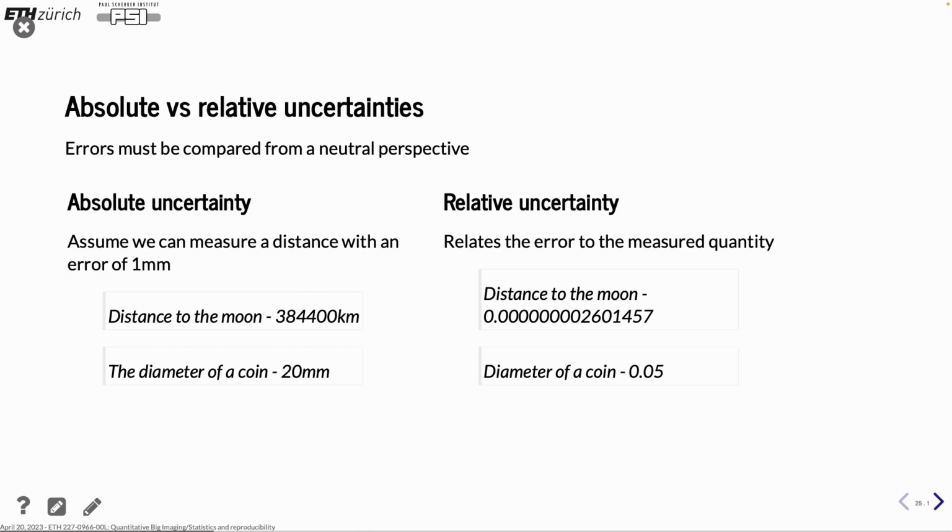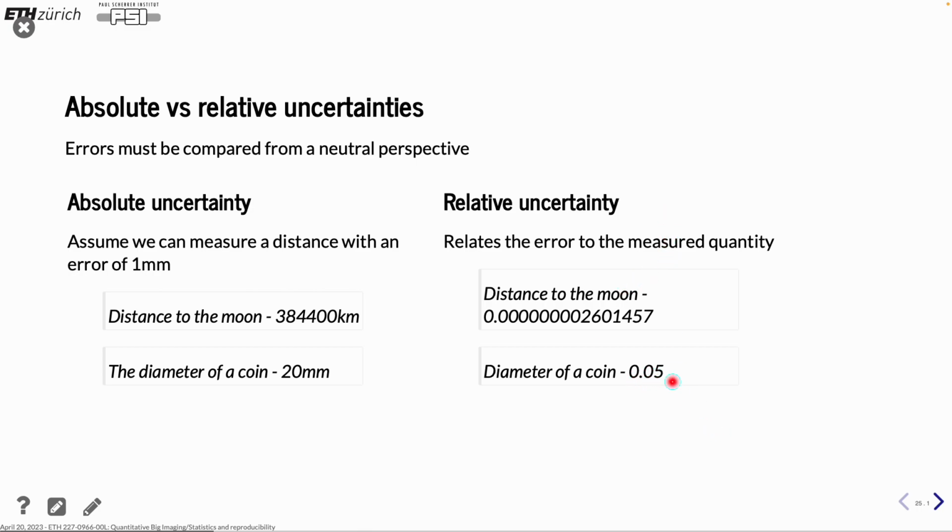And when we're talking about uncertainties, it's also good to think about the absolute uncertainty and the relative uncertainty. We can, of course, always say that we can measure something with an uncertainty of 1 millimeter. But that makes a big difference if we measure the distance to the moon or just the diameter of a coin. Because if you look here, you can see that the relative uncertainty for the distance to the moon is pretty good.